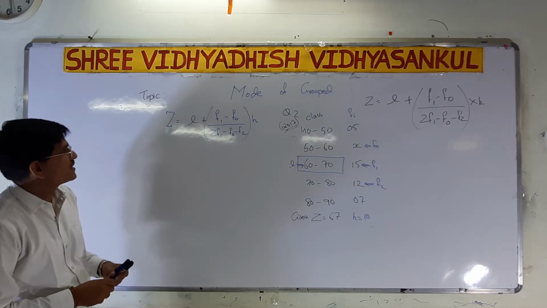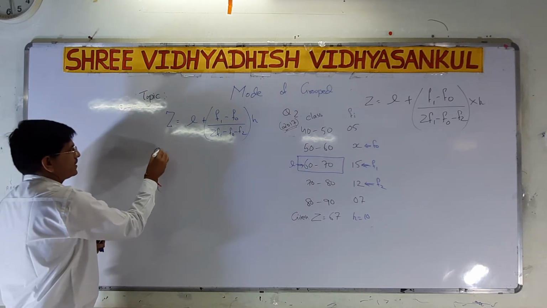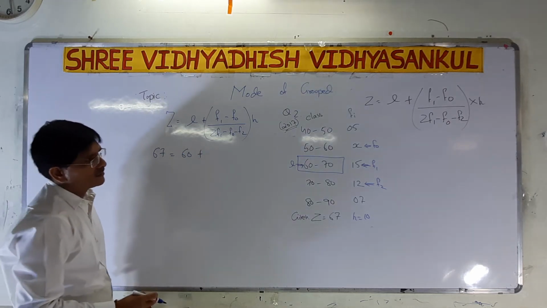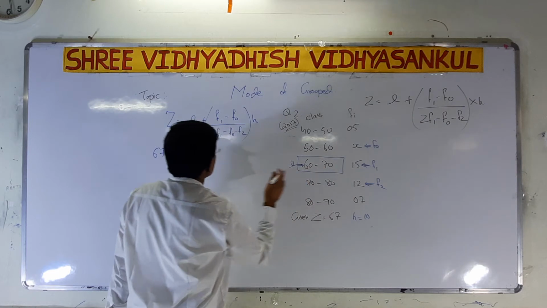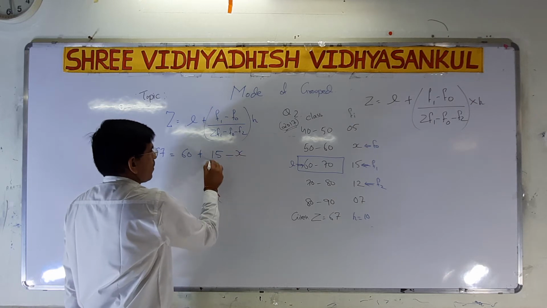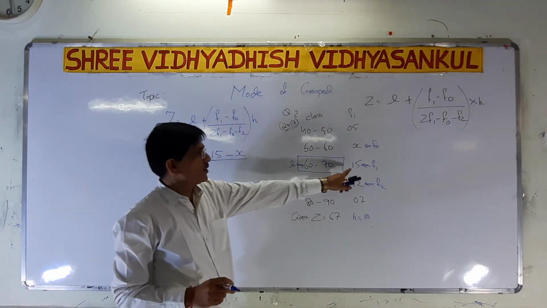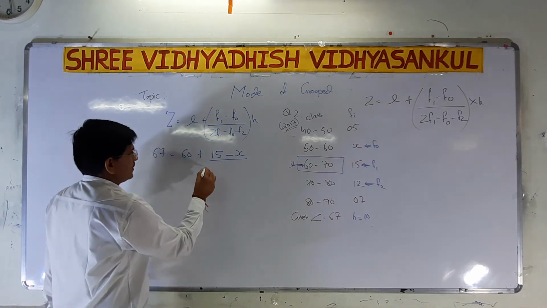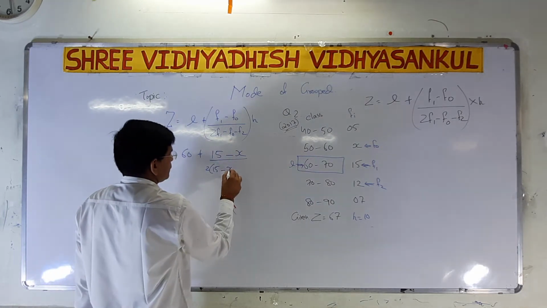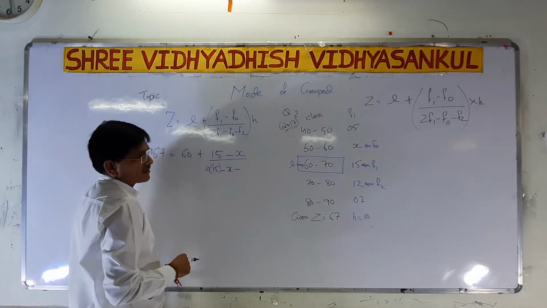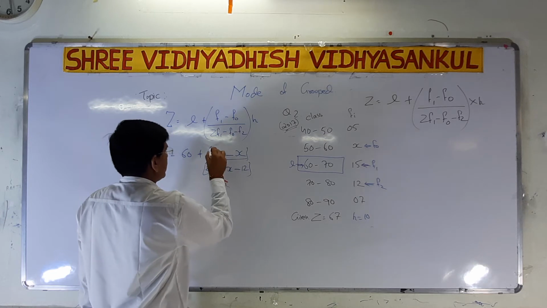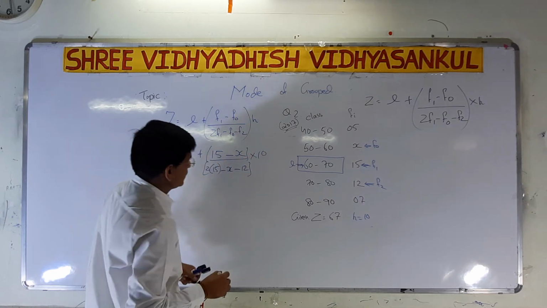So Z is equal to 67, L is 60, F1 is 15, minus F0, that is x, upon twice F1, 2 into 15, that is 30, minus F0, that is x, minus F2, that is 12, and H is 10.